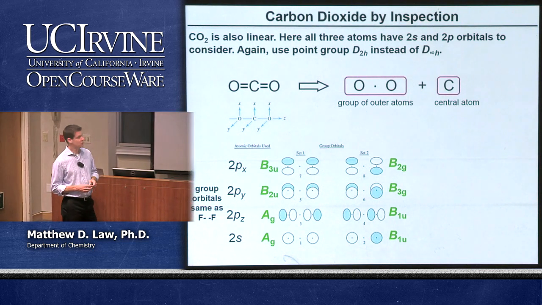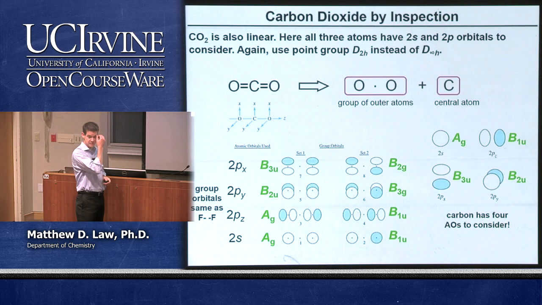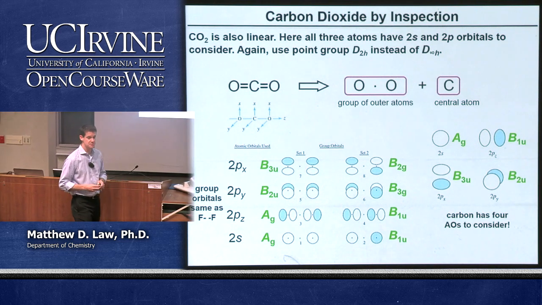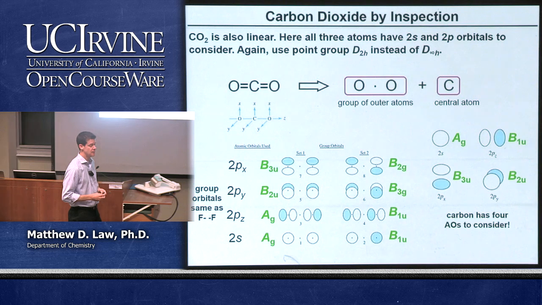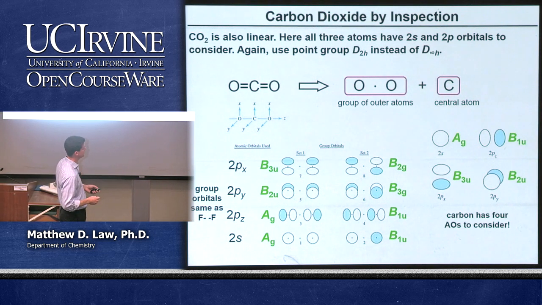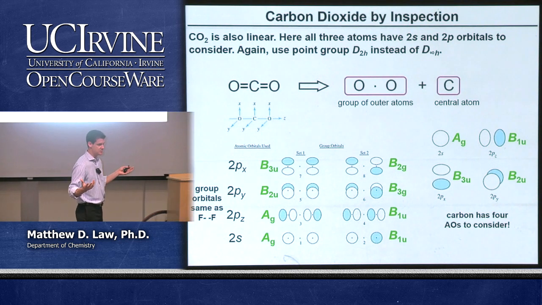How many do we have from carbon? Well, of course, we've got the 4 from carbon, the 2s and the 3 2p orbitals. We can again assign their irreducible representations, their Mulliken labels, quite simply. In this case, you can do it because this is the center atom. You can just look at the character table. S is always Ag. It's always totally symmetric.